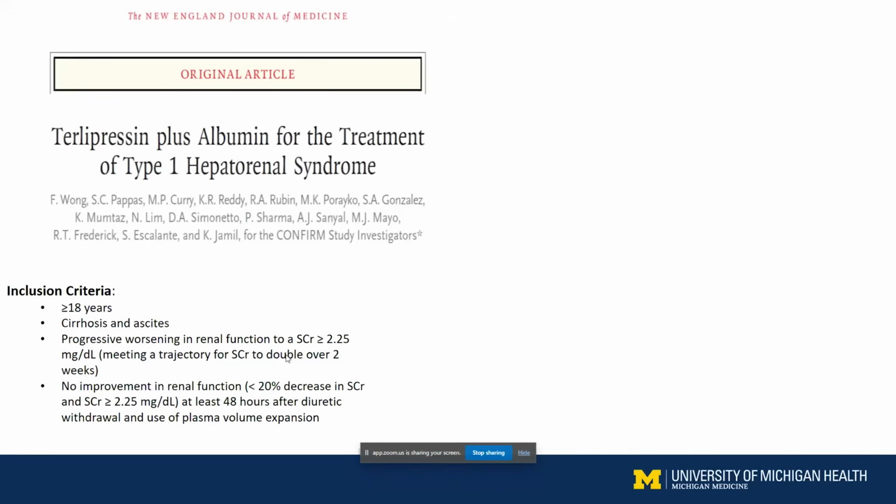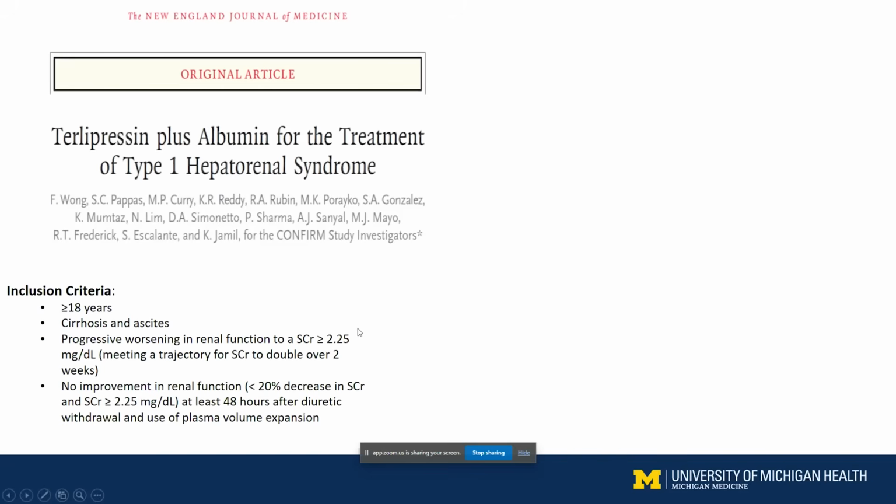This was the CONFIRM study, published in 2021, and Michigan was one of the highest enrollers with other centers. They looked at the efficacy and safety of terlipressin and albumin in the treatment of type 1 hepatorenal syndrome. These were the inclusion criteria. Here they used stage 2 and 3 patients with AKI.